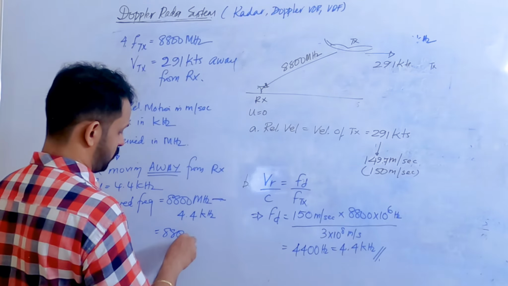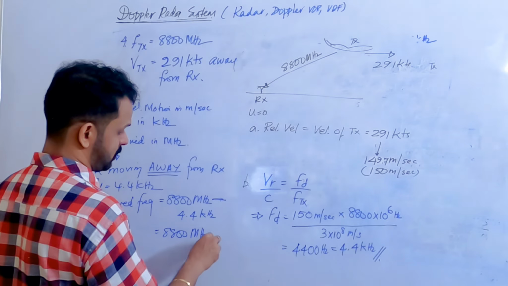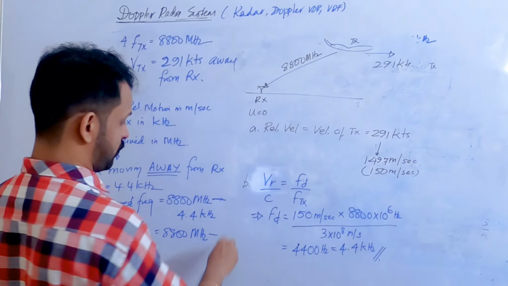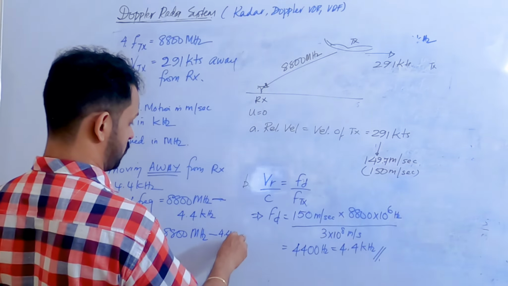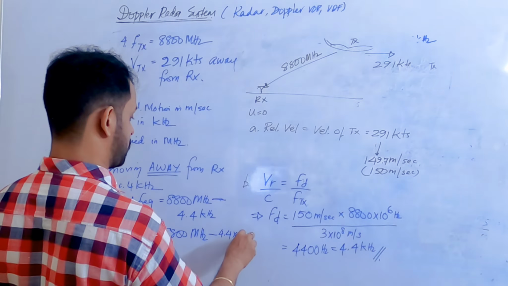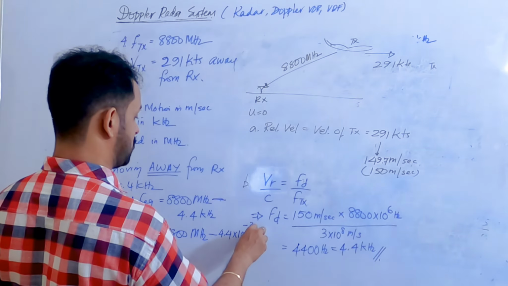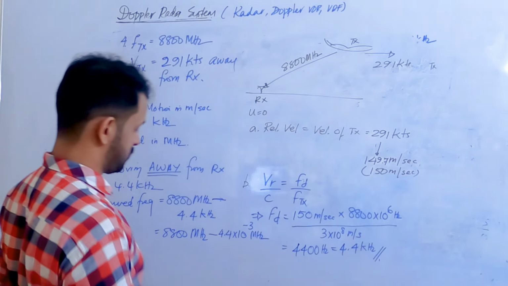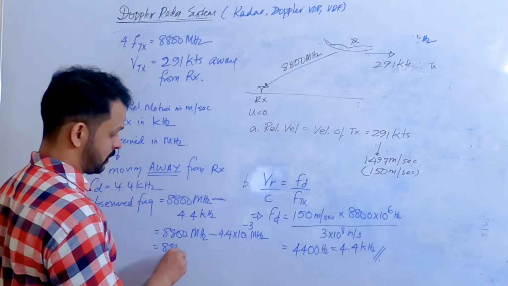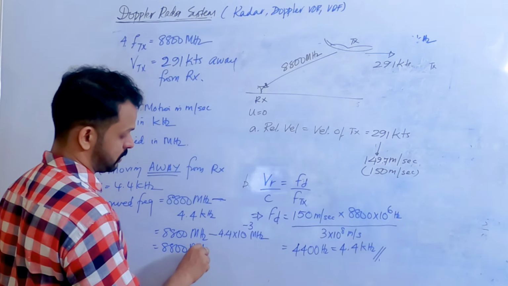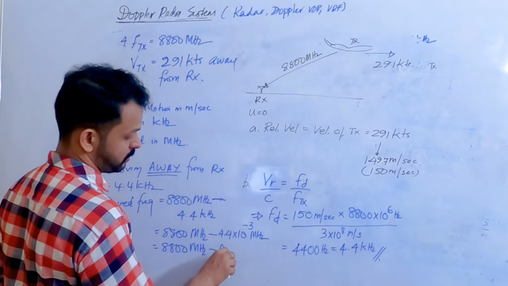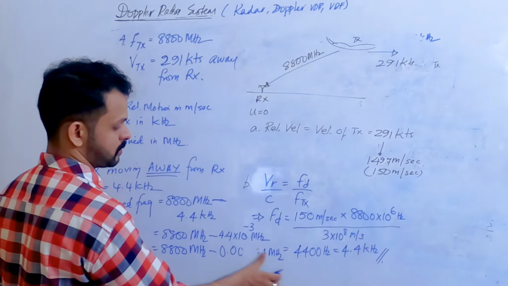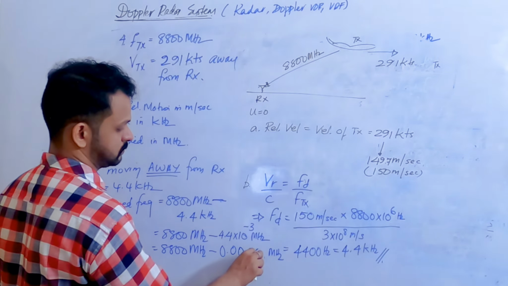So 8800 megahertz minus 4.4 kilohertz, which is 4.4 times 10 to the power minus 3 megahertz, is 8800 megahertz minus 0.0044 megahertz.